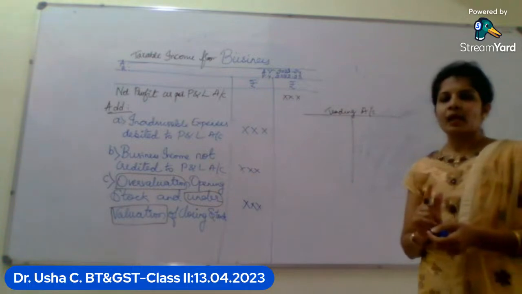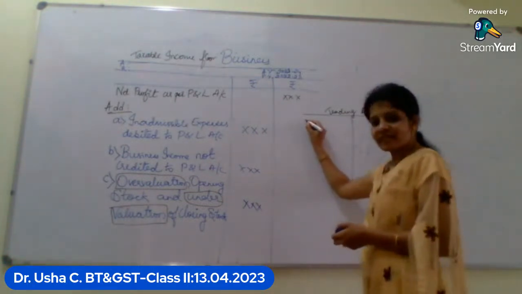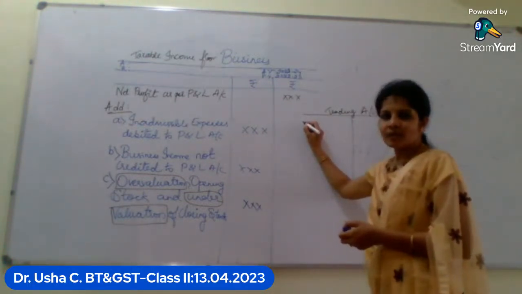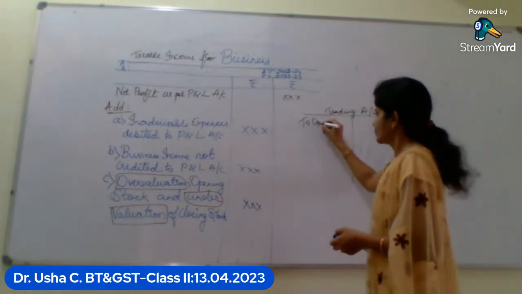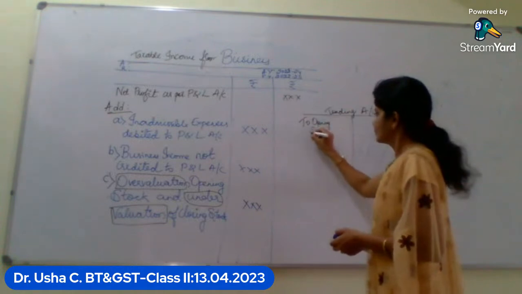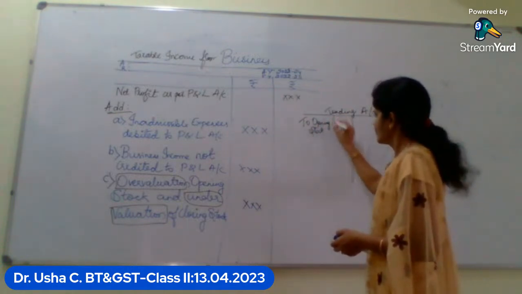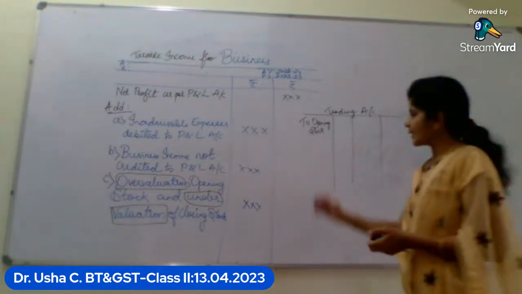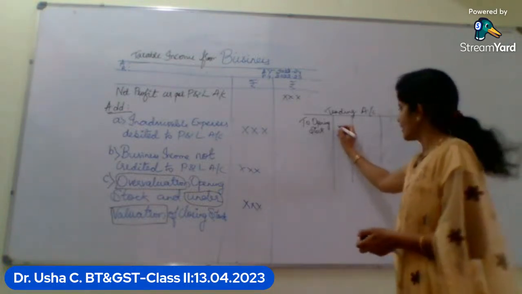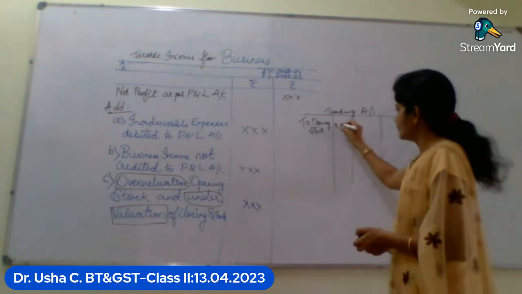In this trading account, the first thing we account for here is opening stock. To opening stock. Look here, opening stock is 5,000.